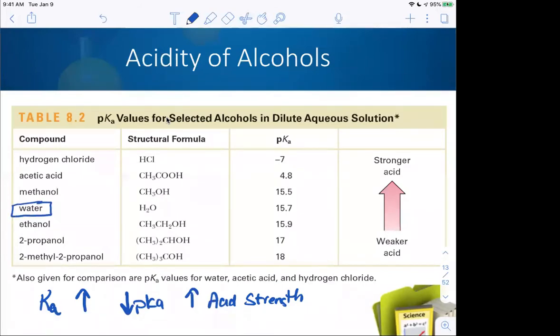Methanol is just slightly increased in acidity, and these other ones are just a little bit less acidic than water, which has that particular pKa. So methanol is very slightly more acidic, and most of them are a little bit weaker acids compared to water.